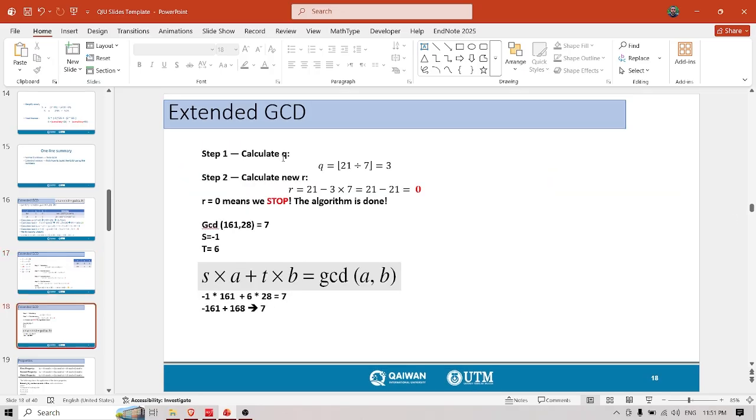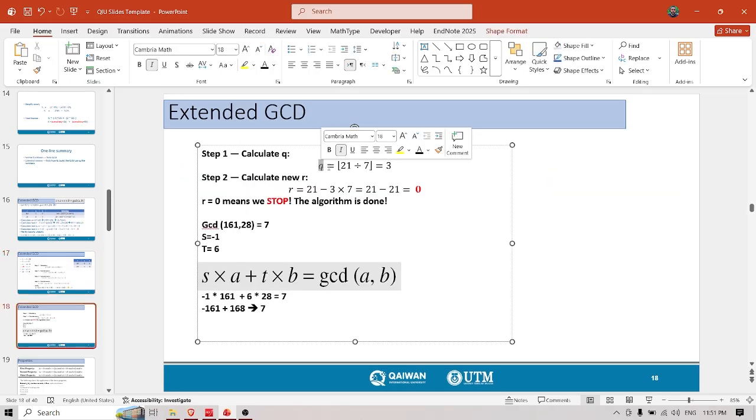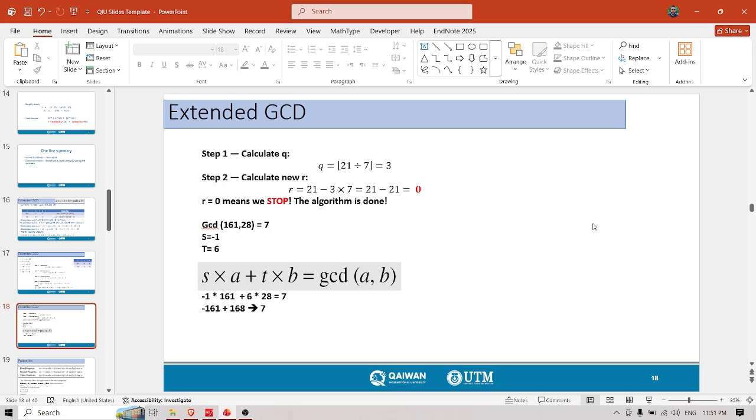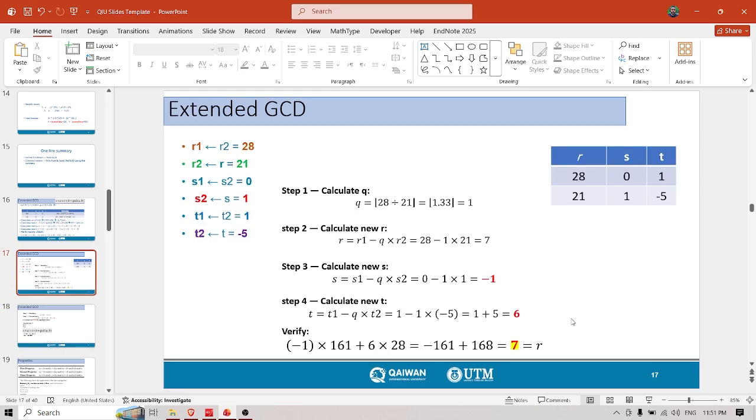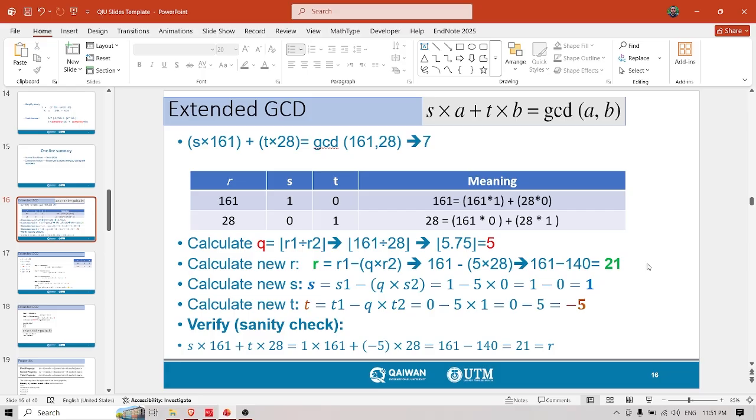Now in this step we will calculate the Q. We say that the Q is 21 and 7. Why? Because this is 21 and the remainder. We will take the 21 and remainder. Even for the other previous one, we did the same. In here, same.